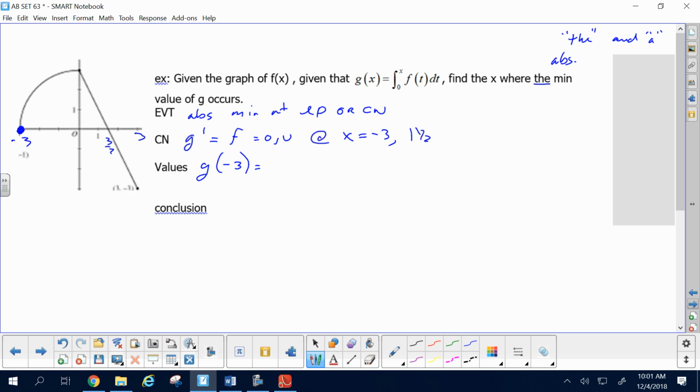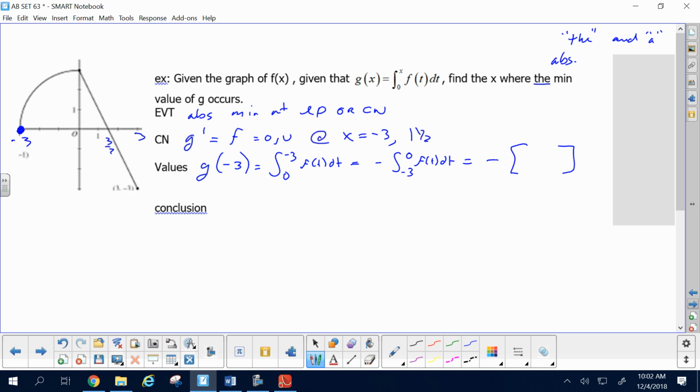Let's start with G of -3, the left endpoint. G of -3 means an integral from 0 to -3 of f. By definition, that's what it says G is all about. Anytime I have switched limits of integration, I freak out and say, oh, I can't have that. I've got to change them so they're going the proper way. When you switch limits of integration so they go the proper way, less to greater, then you negate, yeah?